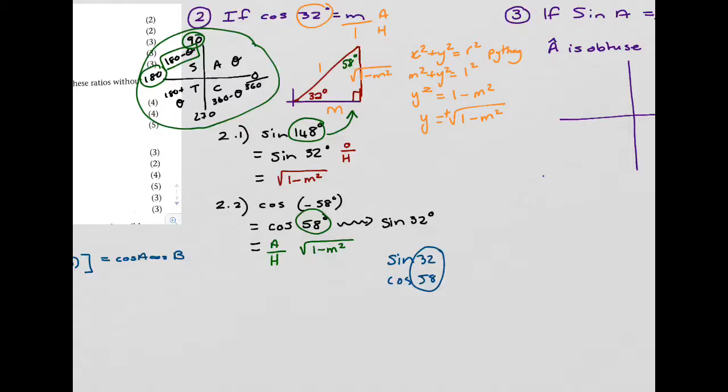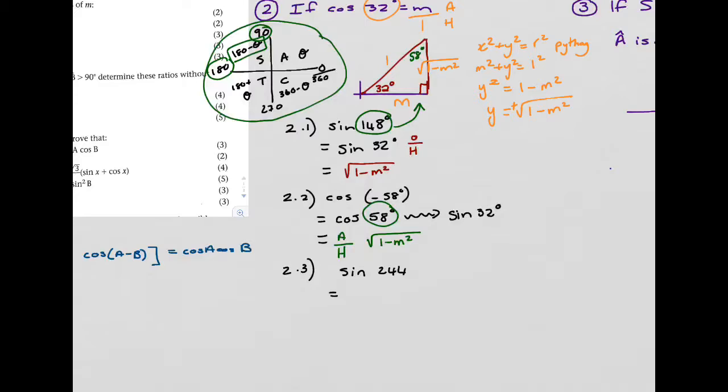And that means they are complementary. Mathematically, complementary means adds up to 90, supplementary adds up to 180. So they are complementary, so they have the same value. So they are interchangeable with each other. All right, so we'll come back to that when we're working with some identities and some reductions.